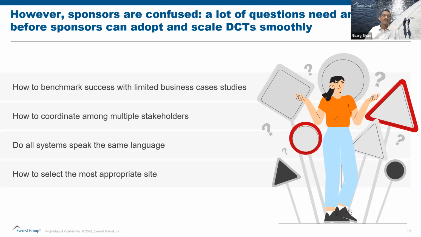The third one is interoperability. An end-to-end DCT deployment is definitely simpler compared to a best-of-breed approach, because you're not integrating between an eCOA X versus a teleconsent Y versus a remote monitoring solution offered by another provider.